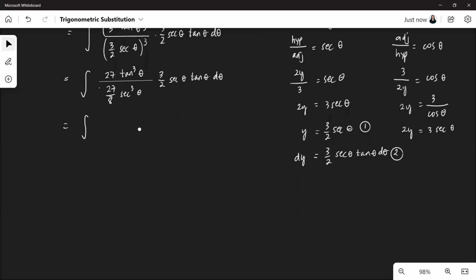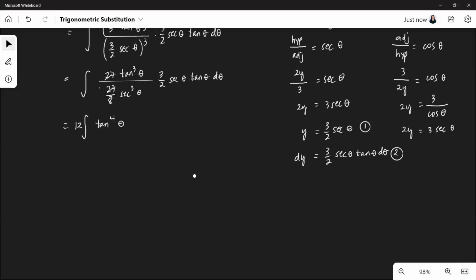So 27 over 27 can be canceled out. So 8 can be written as 8 over 1, times 3/2, so that's 24 over 2, or 12. Then tangent, we have 3 and 1, so it's raised to the power of 4.